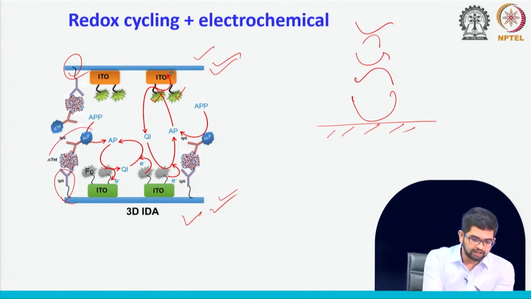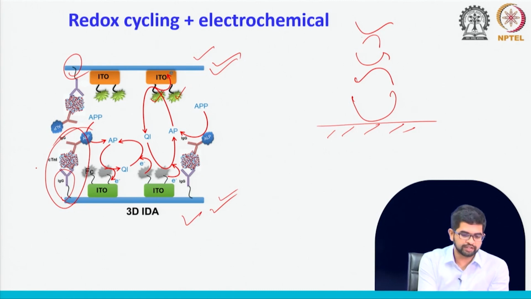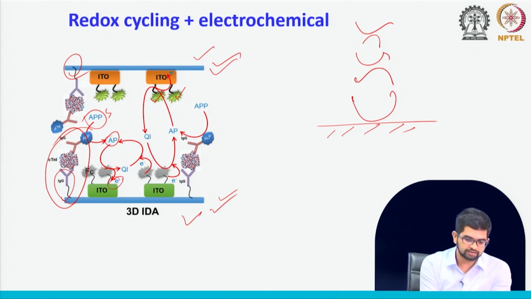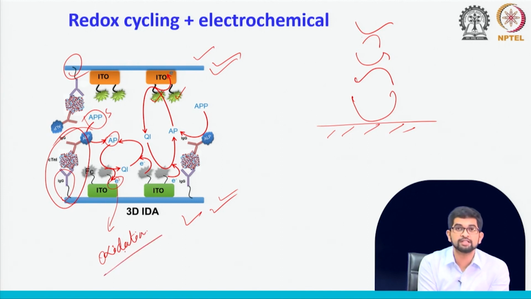See, this is the sandwich assay that is already formed on the surface, and APP, the substrate, reacts and forms AP. This AP can be oxidized on the sensor surface and it will release an electron. So, oxidation happened on this electrode surface.